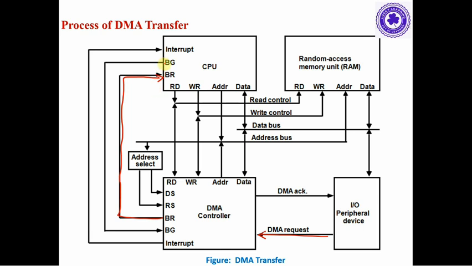Upon receiving the bus request signal, the CPU sends a control signal called bus grant to the DMA controller, saying that all the read-write control signals and address and data lines go into the high impedance state, meaning they are relieved by the CPU. Once control is taken, the DMA controller sends an acknowledgement to the IO device so that the data transfer can happen directly between IO and memory without the intervention of the CPU. This is a typical process of DMA data transfer.